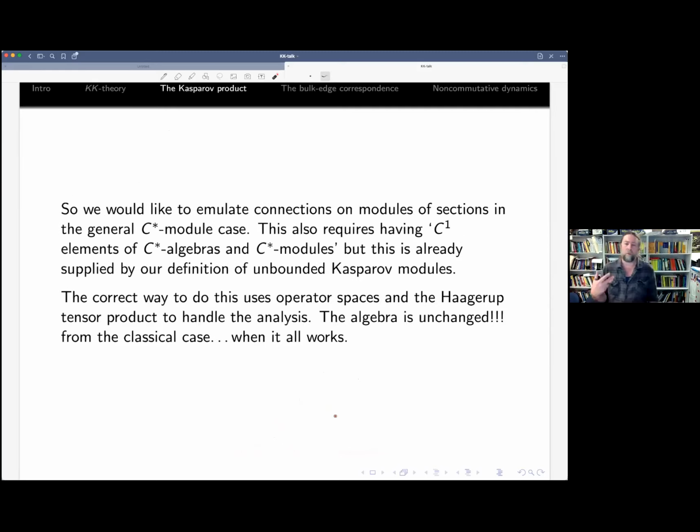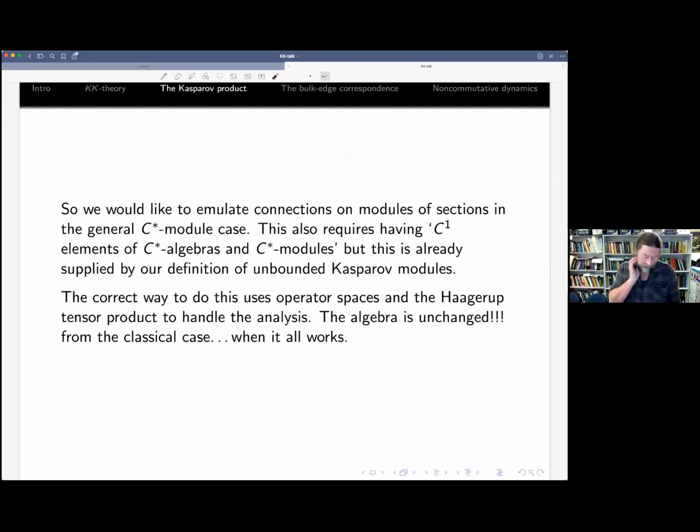All right, so what we want to emulate is connections on modules of sections in the general case. So you've got to have some notion of C1 elements of modules and algebras, but the unbounded Kasparov modules come with this because you have your curly A in the algebra, for instance, and you have the domain of D contained in the module, which is also something like a C1 kind of condition.